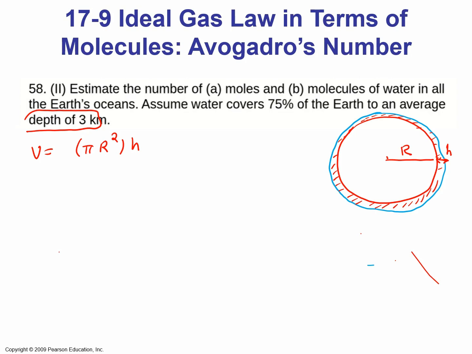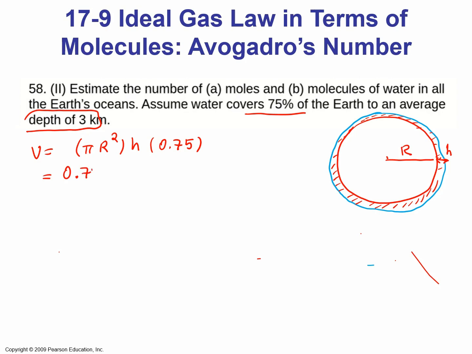But we are not covering all the surface of Earth, only 75%. That's why we have to multiply everything by 0.75 to give us the volume of water around the Earth.